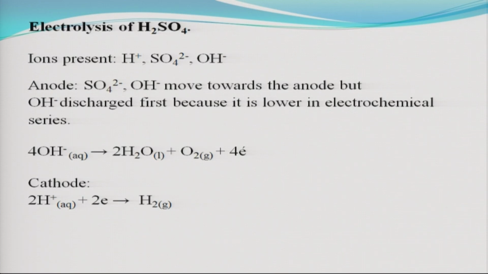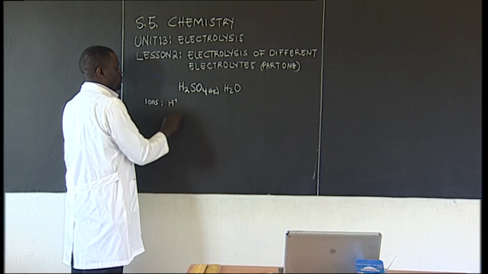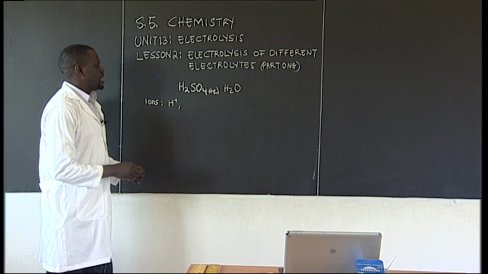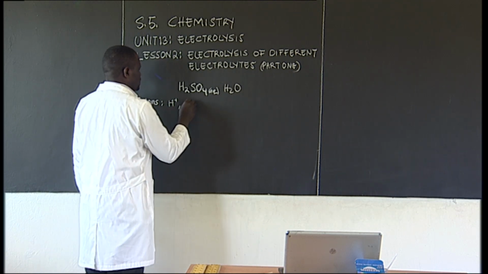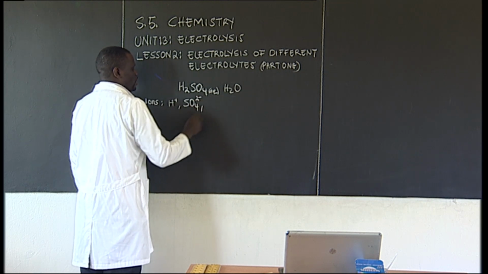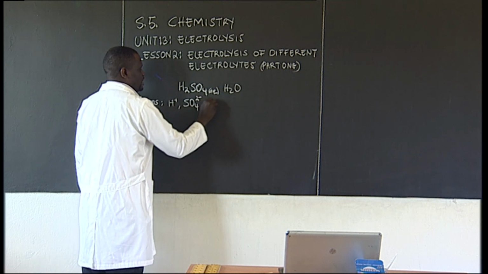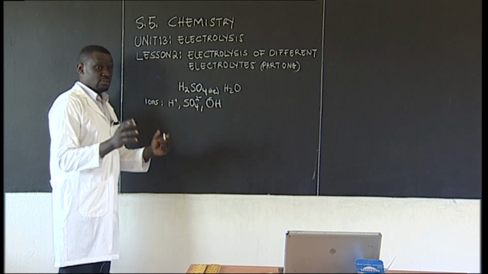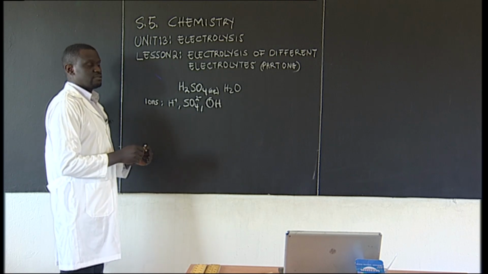So the ions, we shall have the H plus from water and from sulfuric acid. Then we shall have the anions, which are the sulfate anion and the OH. These are the ions present. As you look at your screen, you can see those things very well.